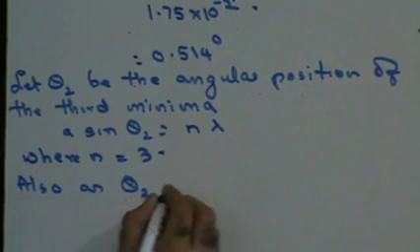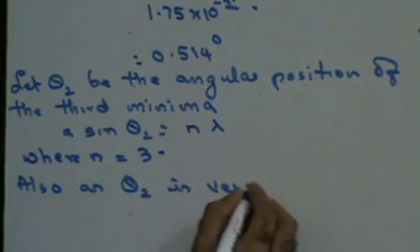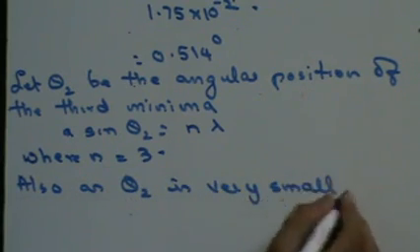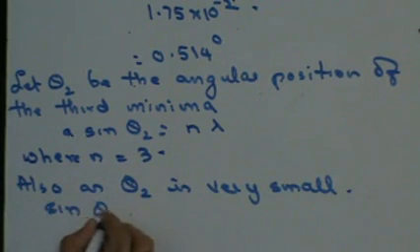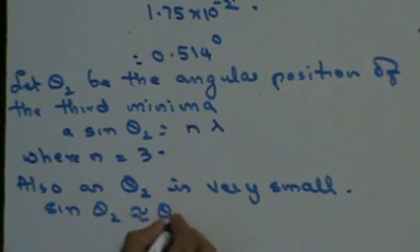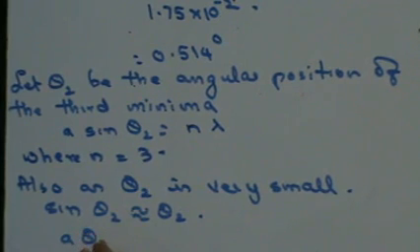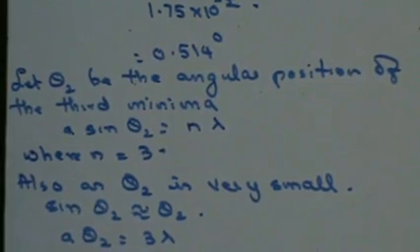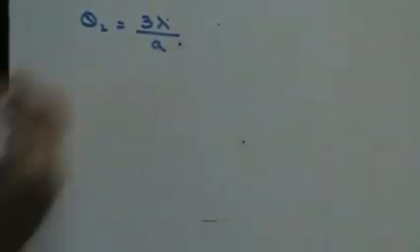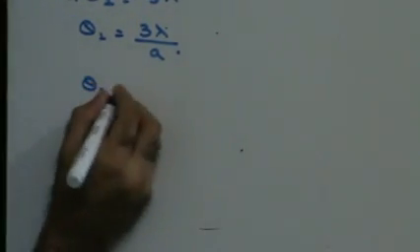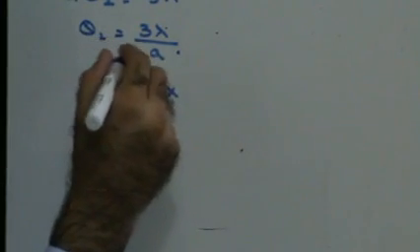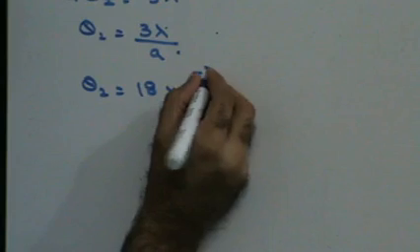As theta is very small, sin theta is approximately equal to theta. Therefore, a theta 2 is 3 lambda, so theta 2 is 3 lambda upon a. You will get theta 2 as 18 into 10 raised to minus 3 radians.